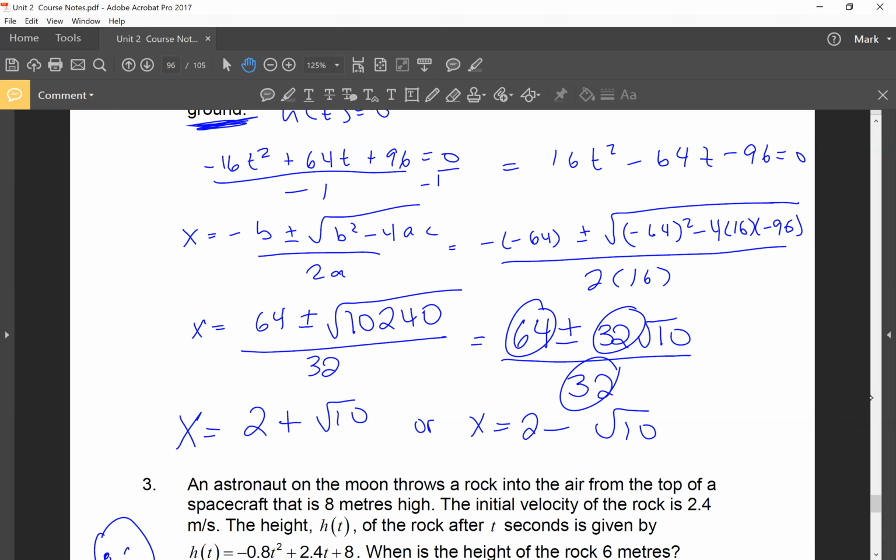I reduced this by dividing everything by 32. So there we go. If there's any questions about that, let me know. Again, what I did is I divided everything by 32.